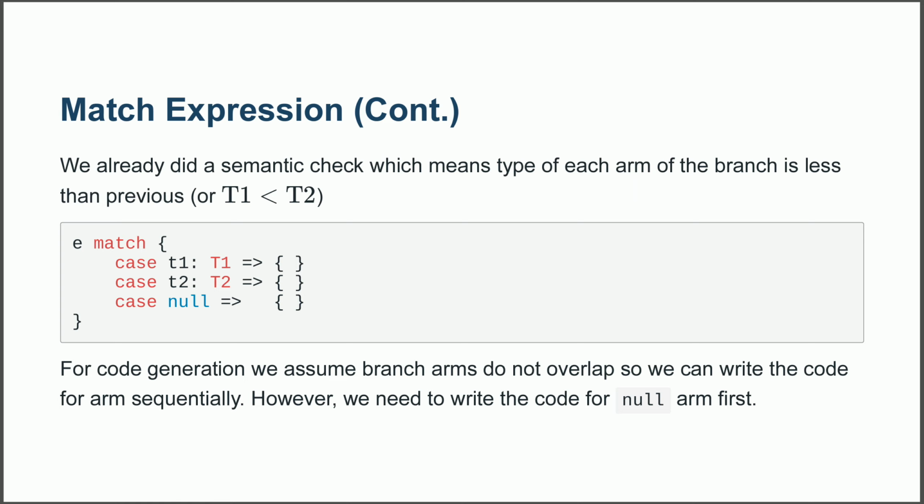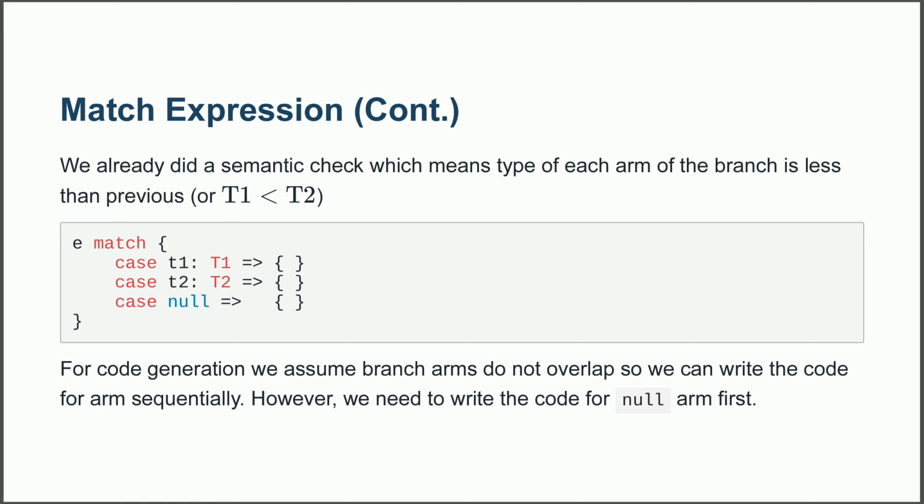So we have already done this type checking in the semantic analysis phase of the compiler. So we can safely assume there is no overlap between each arm of the type case or branch, and because we have already done the semantic analysis, we can continue.